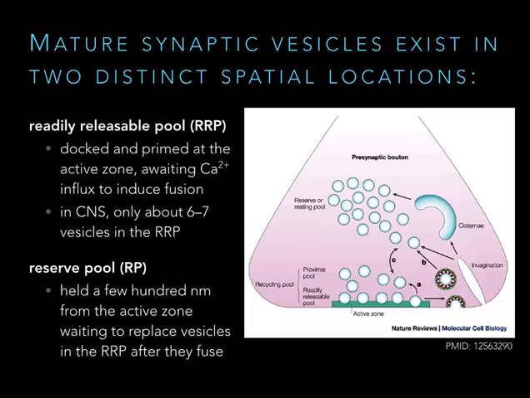They're held a few hundred nanometers away from that active zone, and once we release some of the vesicles in the readily releasable pool, then the reserve pool will send vesicles down to replenish those released vesicles. All right, so we've got two locations, the readily releasable pool and the reserve pool, but both are mature synaptic vesicles filled with neurotransmitter.